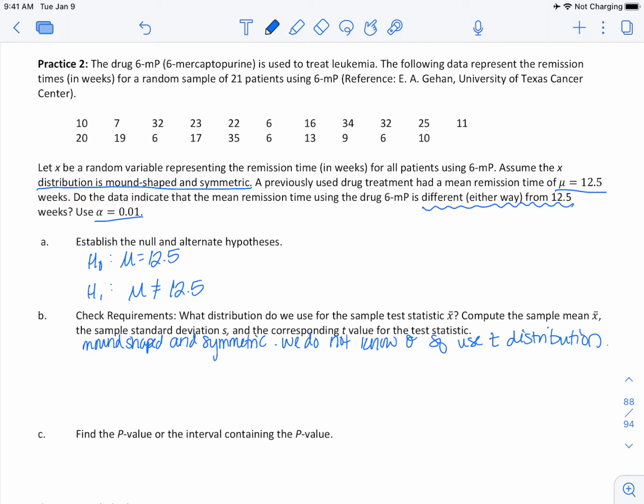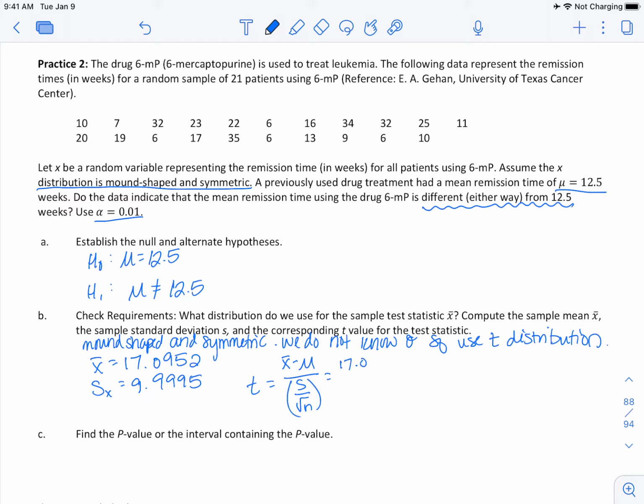All right, so then we also have to calculate the sample mean, sample standard deviation, and t-value. So our x bar comes out to be 17.0952. Our S sub x comes out to be 9.9995.